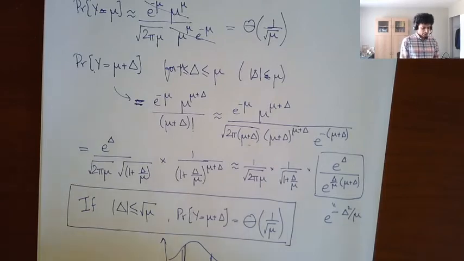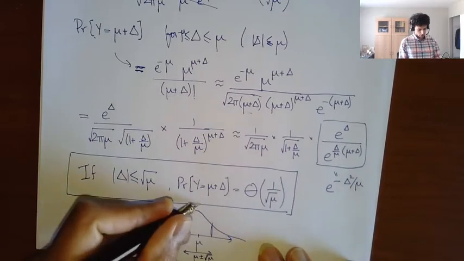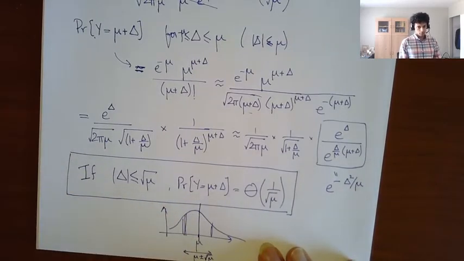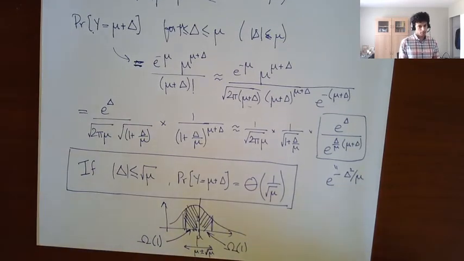So what this tells you is, roughly speaking, look at mu over here. In this window of root mu, there's some omega of 1 probability mass here. And over here, there's also an omega of 1 probability mass.